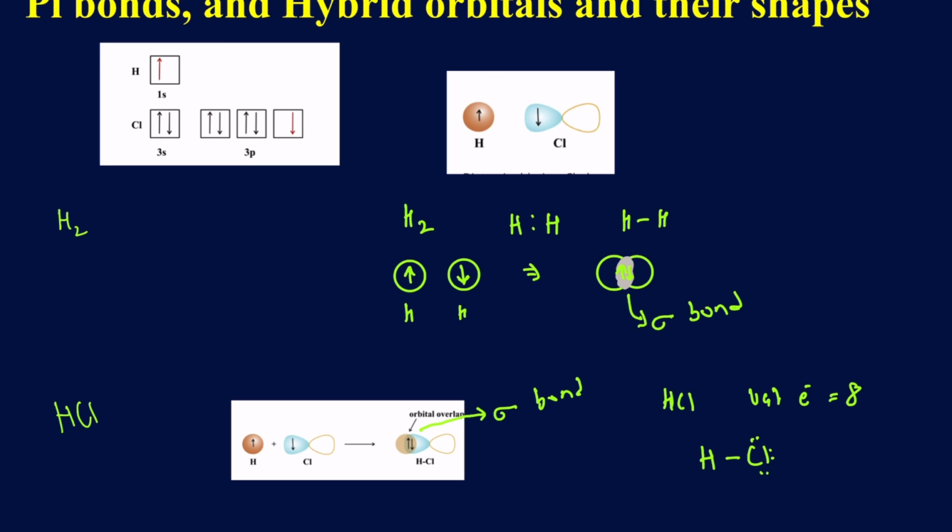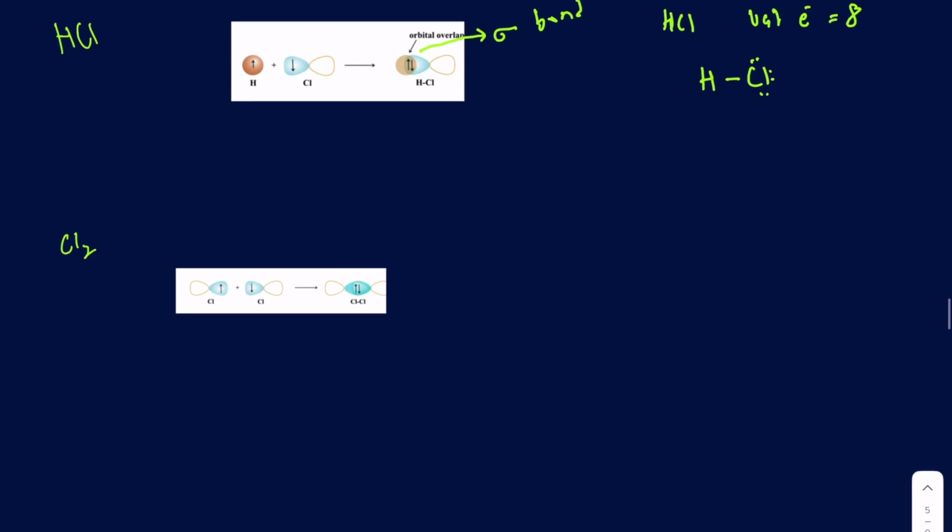You will learn a little later that you don't necessarily have to have these orbitals staying in their original shape, using the hybridization concept. But for right now, remember that whenever you have end-to-end overlapping, you end up making a sigma bond. We will talk in more detail about how the sigma bond is made from hybrid orbitals.